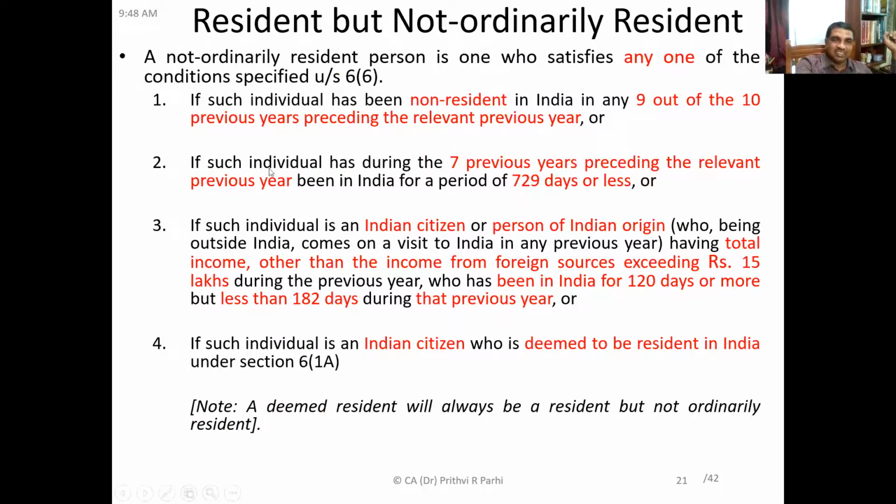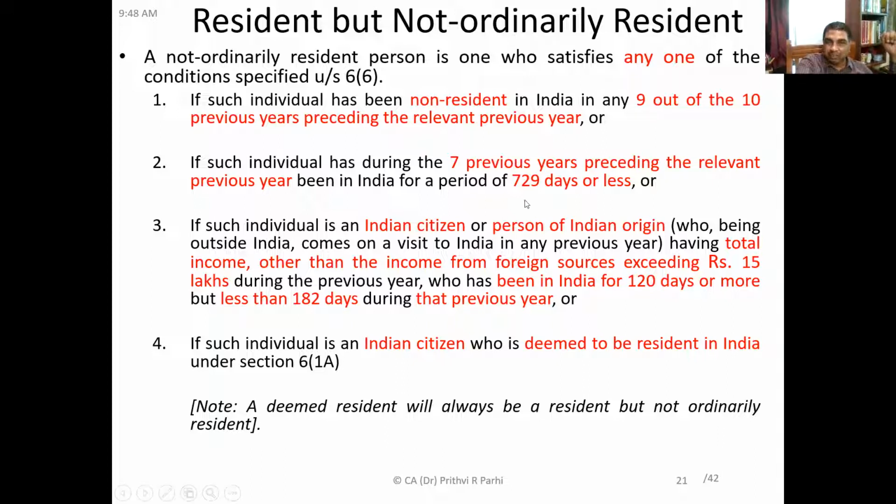Second condition says, if such individual has, during 7 previous years preceding the relevant previous year, been in India for 730 days or 729 days or less. If he is there for 729 days or less, he will be treated as not ordinary.